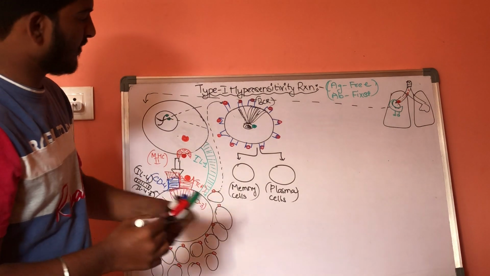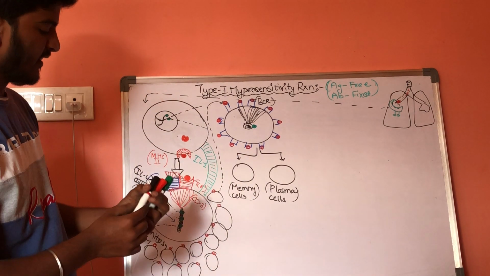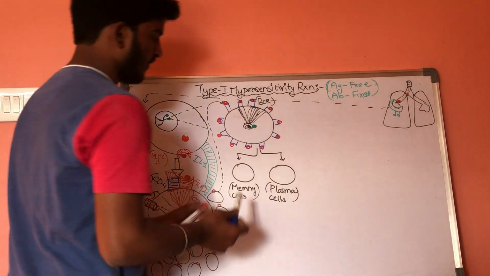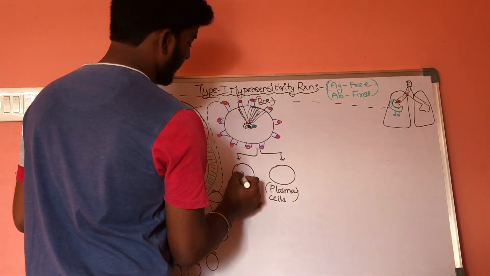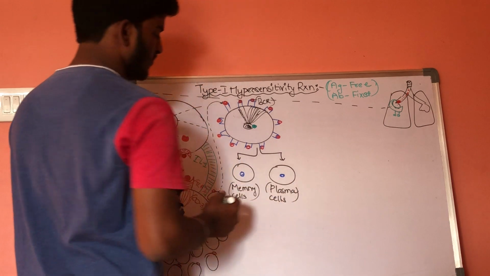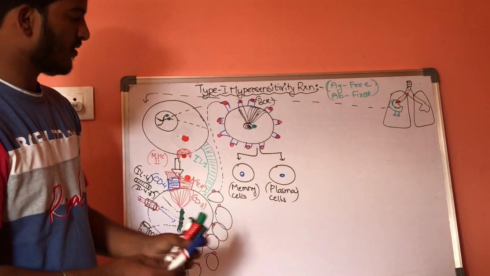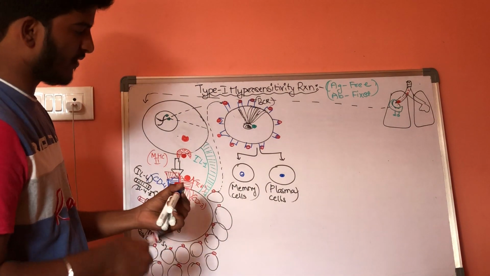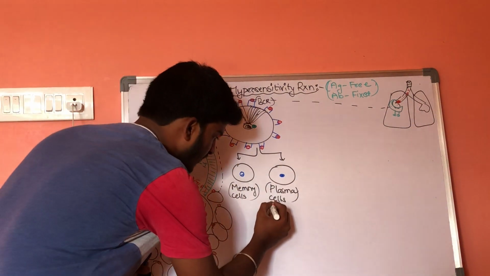So these two types of cells are activated, that is memory cells and plasma cells. Inside consist of genetic materials. So these plasma cells undergo certain modifications and will result in the formation of antibodies.